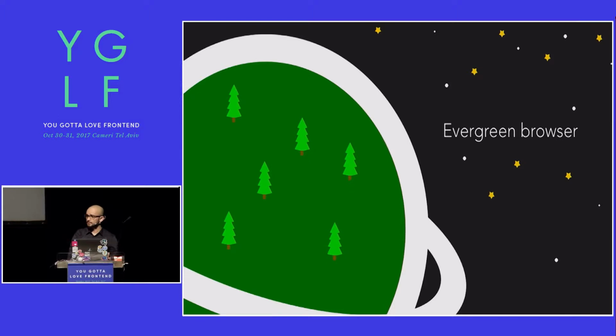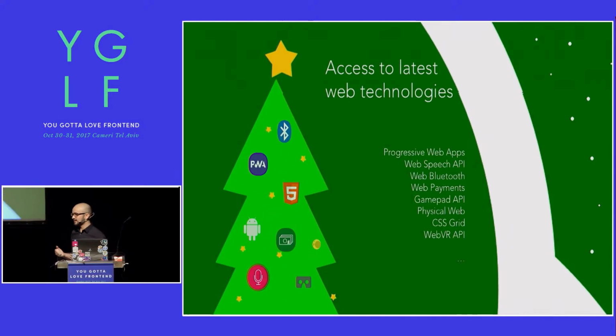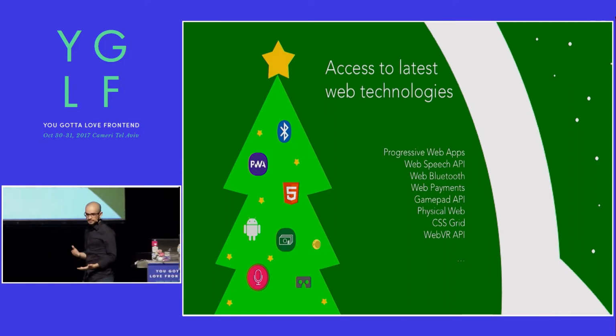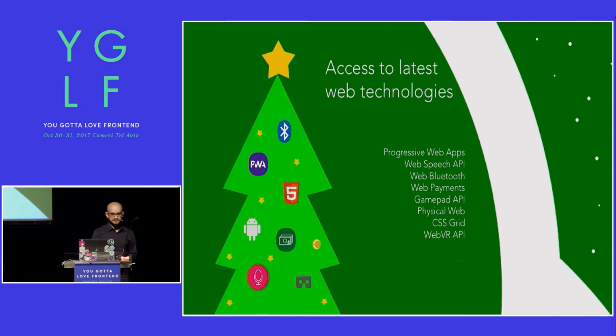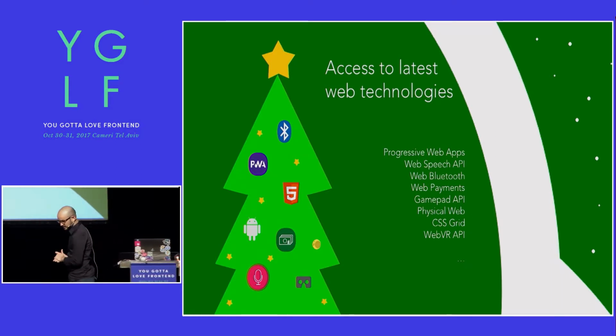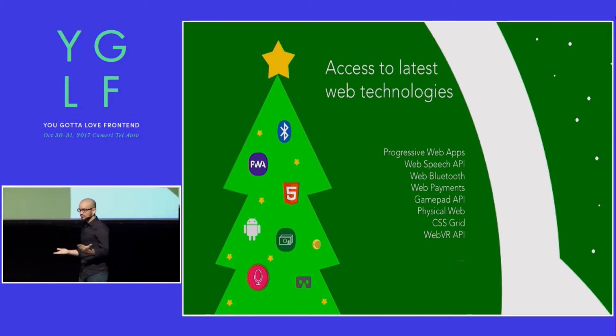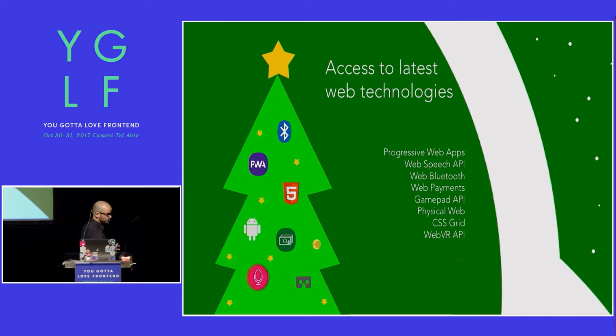So if you're a web developer, it pretty much means that it's like Christmas every single day, because you're getting access to things like progressive web apps, web speech APIs, Bluetooth, payments, gamepads, physical web, now CSS Grid, and the one that brought us here today, which is the WebVR API.